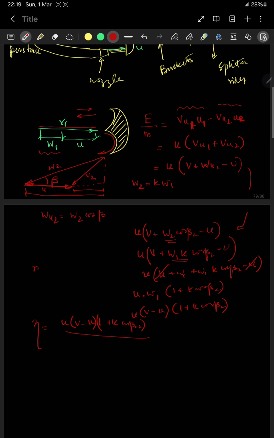The energy given by the inlet fluid at a velocity of v1 is mv square, so v square by 2 because it is per unit mass. This we can write as u by v into 1 minus u by v into 1 plus K cos beta2, right?